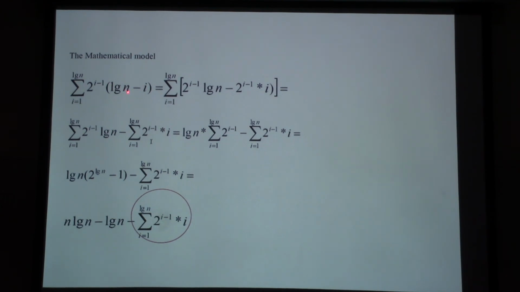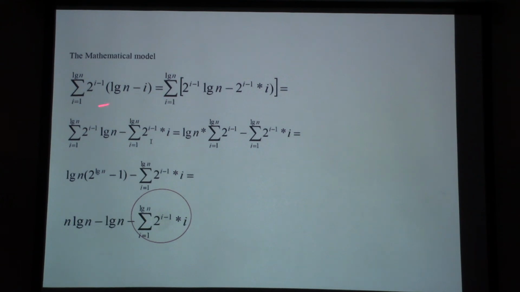So if n is equal to 16, lg n is going to be what? 4 minus 1 is 3. That's the number of comparisons, and the number of nodes is going to be 0. Get it? So this is going to be 0 times 3 in the case of 16. In the case of 1024, this is going to be 0 times 9. You get the idea, right?